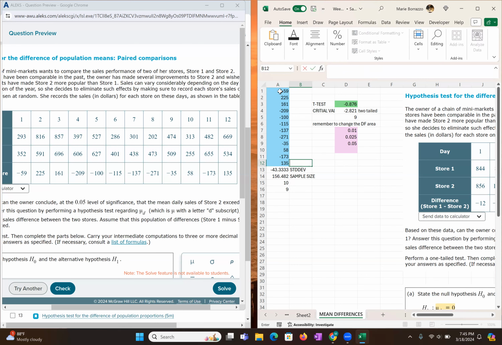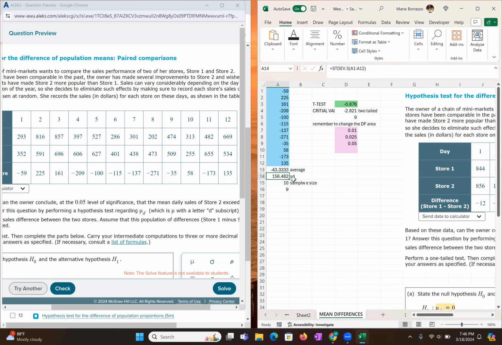Let's see what we're gonna do here. So we're gonna start with the mean, the average. Here's the standard deviation, and here's the sample size. Okay, so equals average, and hold and drag.